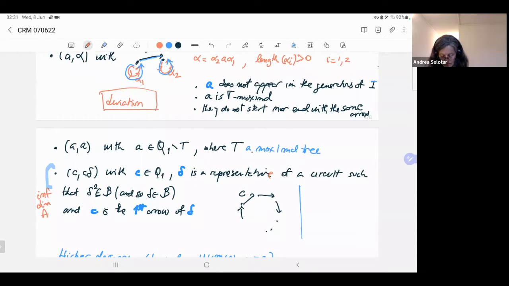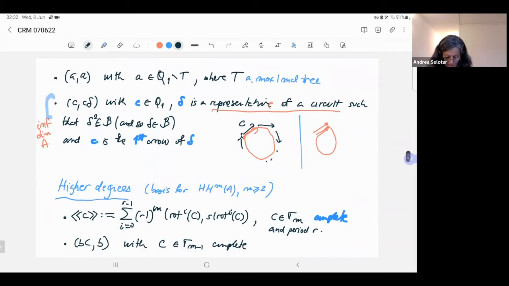And then for this set, we pick a representative of a circuit, and we have elements like this. Let me call it delta here, and then you continue once more with C. So you get something that is the arrow which is parallel to all this. So C is the first arrow of the representative that has been chosen. So please, if you have any questions, don't hesitate to interrupt me.